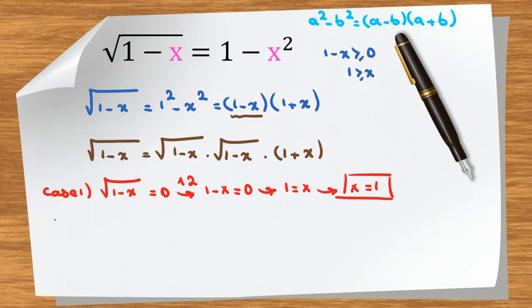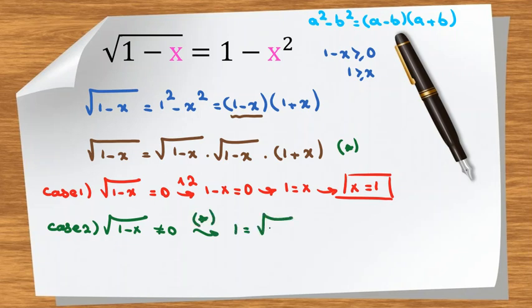In case 2, square root of 1 minus x is not 0. So if I call this equation star, we use star and divide both sides by square root of 1 minus x: 1 equals square root of 1 minus x times 1 plus x.